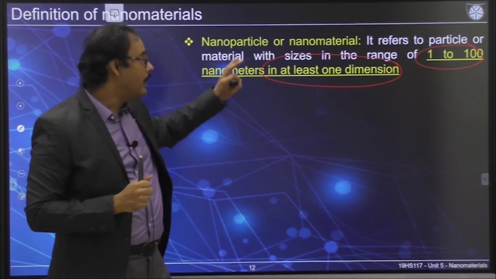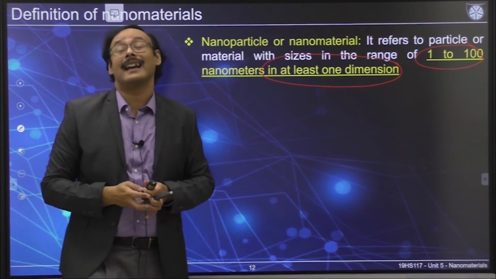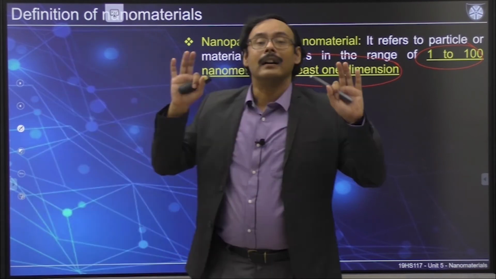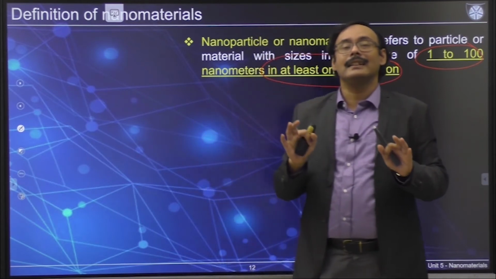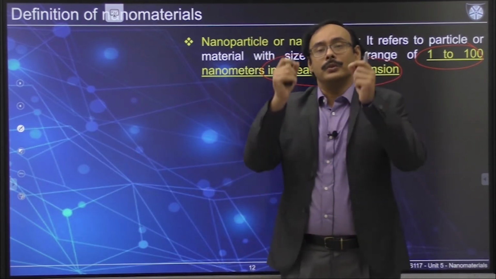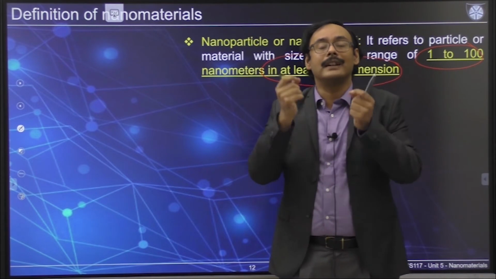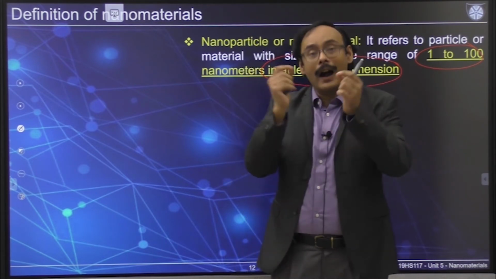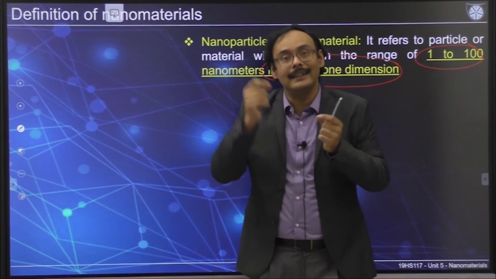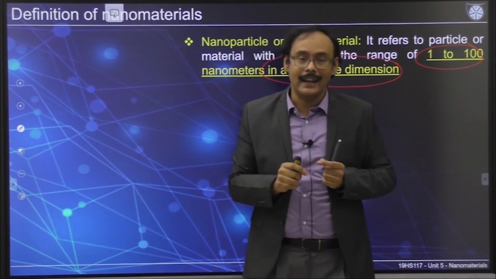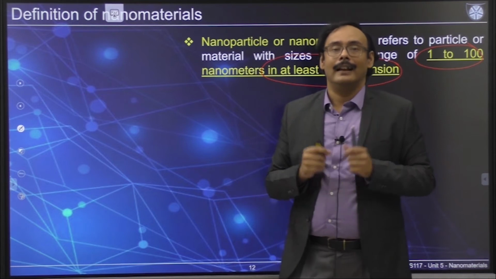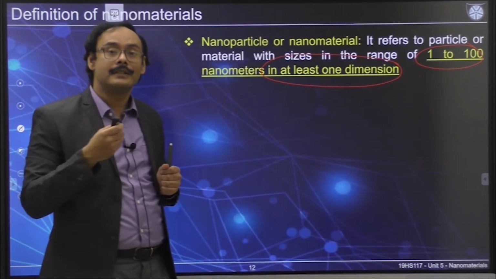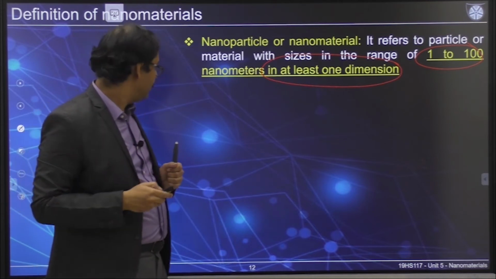When we talk about the properties and classification, we'll discuss in more detail. But till then, just think that nanomaterial is something which is really tiny, on the order of 10 to the minus 9 meter. But at the same time, if one of the dimensions of the material is in that range, then you can say that it is a nanomaterial. And that's actually very, very important when we start discussing classification.